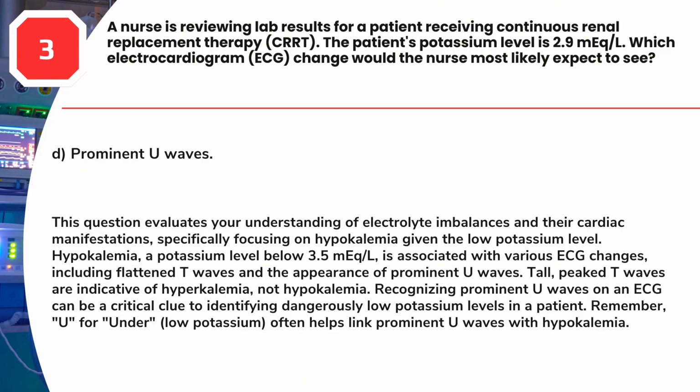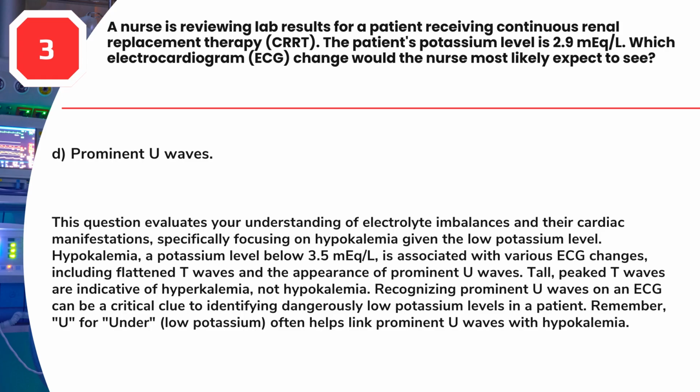Answer, D. Prominent U waves. This question evaluates your understanding of electrolyte imbalances and their cardiac manifestations, specifically focusing on hypokalemia given the low potassium level. Hypokalemia, a potassium level below 3.5 milliequivalent/L, is associated with various ECG changes, including flattened T waves and the appearance of prominent U waves.